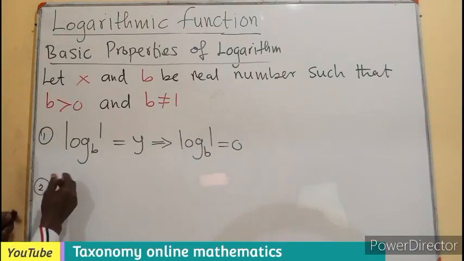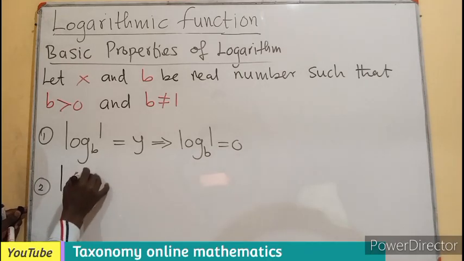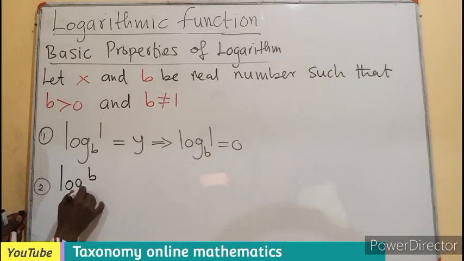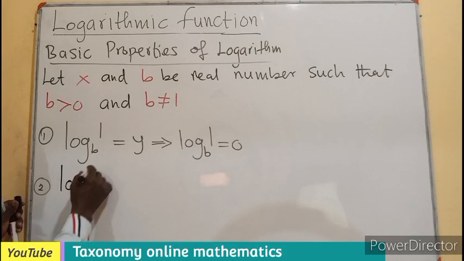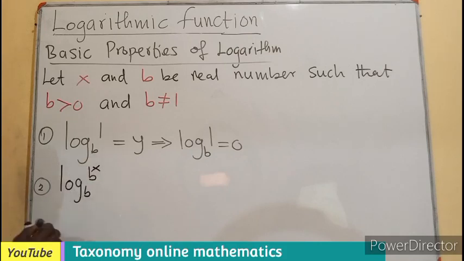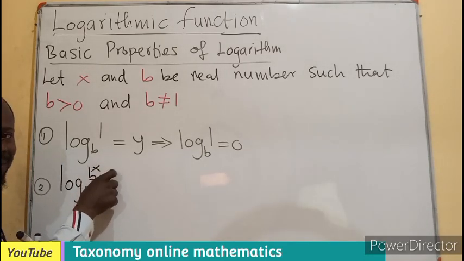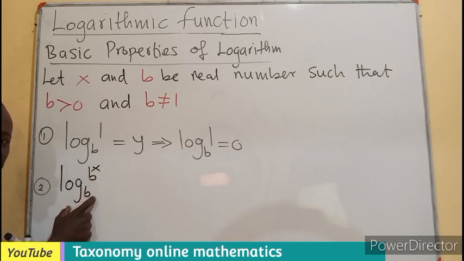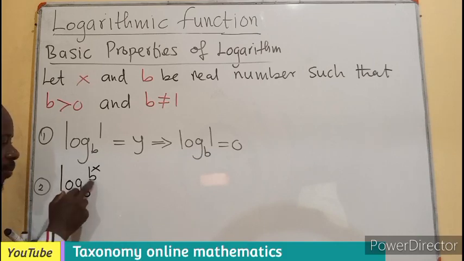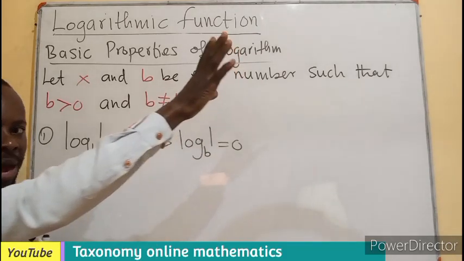Let's say I'm having the logarithm of b to the base b. Then I am going to introduce a power, meaning I am having the logarithm of b exponent x with the base b. What value will I get if I am given this? Don't forget the b stands for any real number at all.